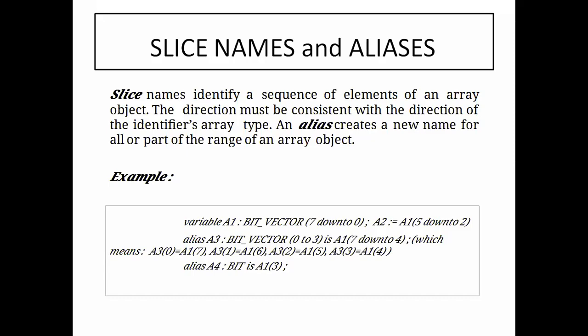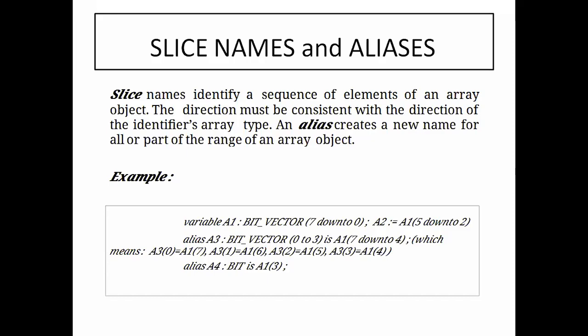That means if you want to identify a sequence of elements within that array object, you can use a slice. And if you want to create a new name for that particular array or for some part of that array, then you can use a slice type of operand.